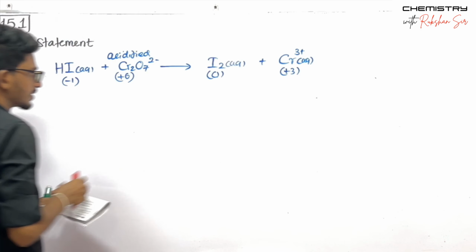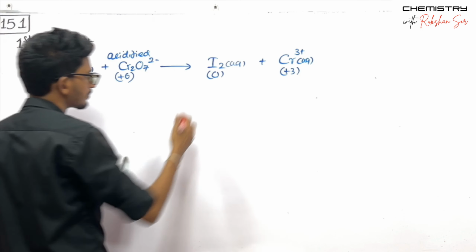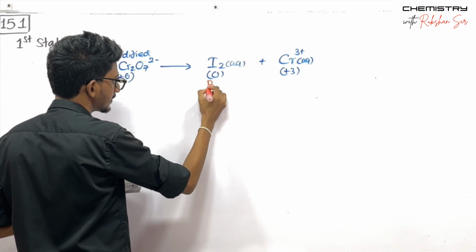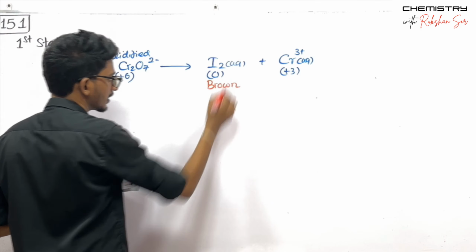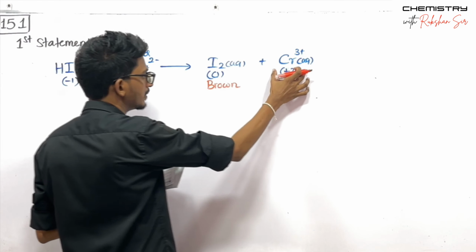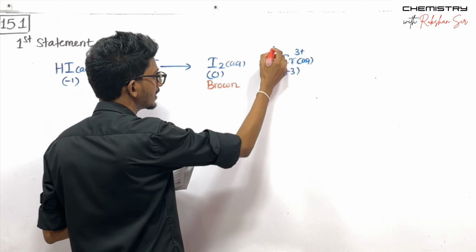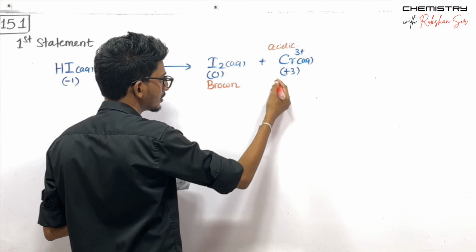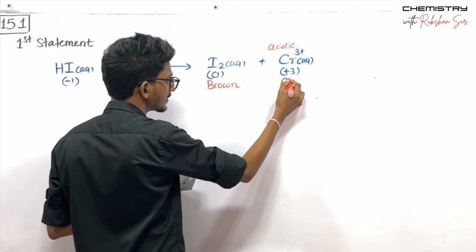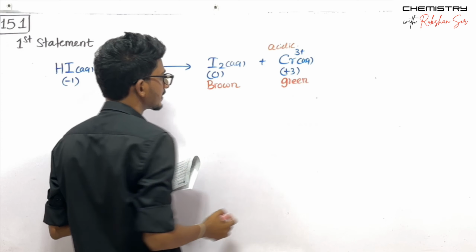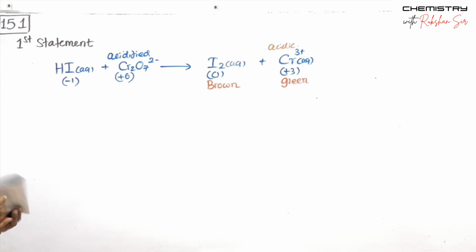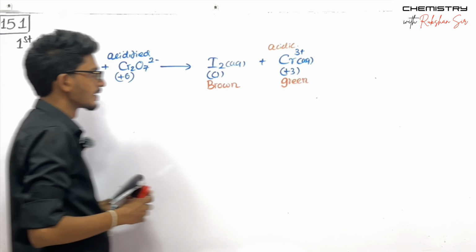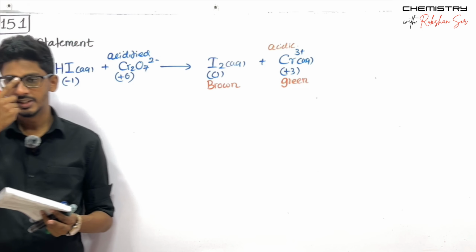I2 aqueous solutions are brown colored. In acidic medium, Cr3+ is actually greenish, green colored. So the final solution would be kind of greenish brown.